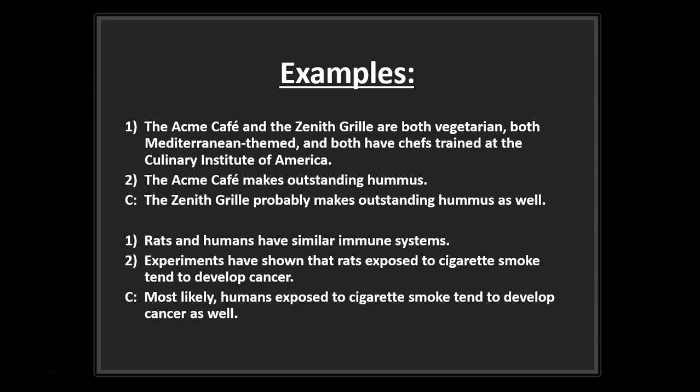If you want to develop a new drug for cancer, you find an animal that has a similar immune system to ours, like a rat, and that's simply the case. And you test the drug out on the rat, and whatever conclusions you come to there, you say, well, considering how similar our immune systems are, these things are probably going to happen to humans as well. So it's a very common type of argument we make.